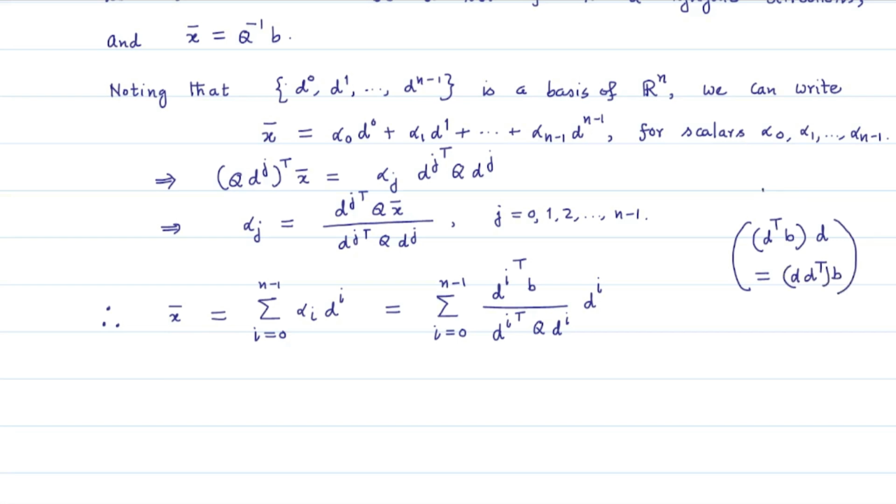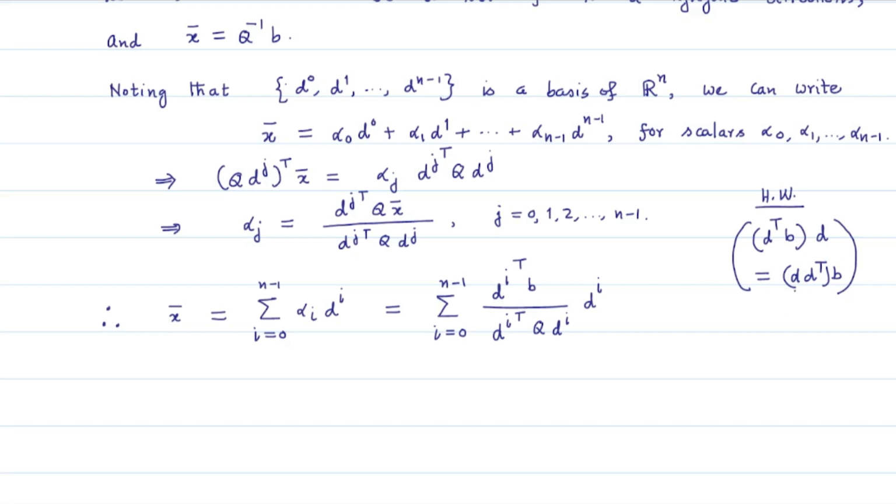I am keeping it as a home task to verify that for any given two vectors in the n-dimensional Euclidean space d and b, you consider d is having components say d1, d2 till dn, and b is having components b1, b2 till bn. Then you just go for calculating the vector in the left hand side and check that that will be identical with the expression the vector in the right hand side.